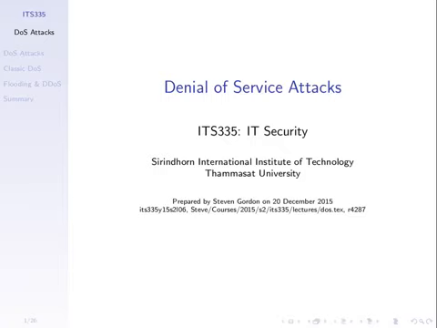So if you remember back to the original topic, the first topic, I think, in the first week, we listed some services that we want to provide, like confidentiality, authentication, integrity, access control, non-repudiation, and the sixth service was availability.